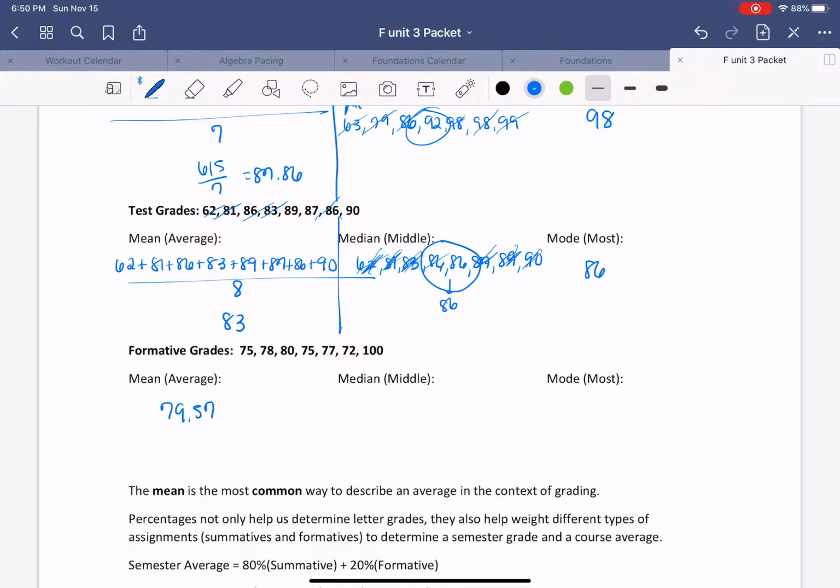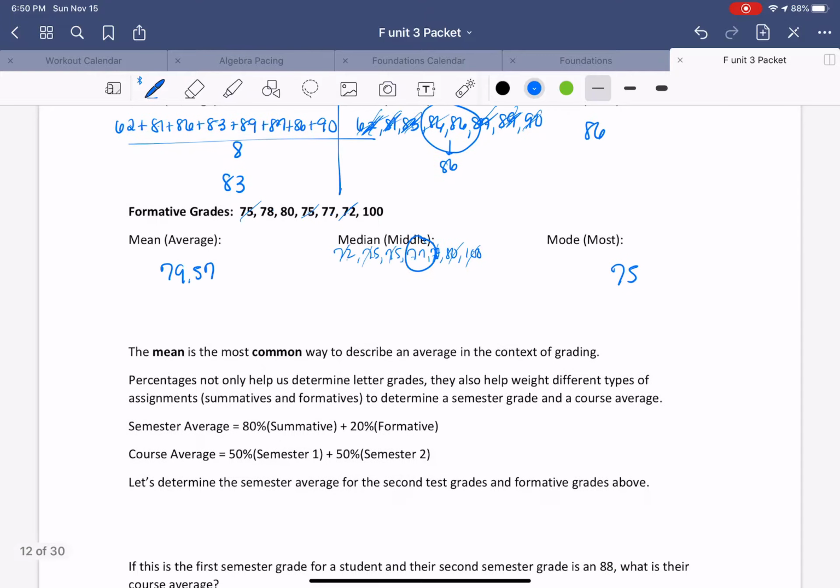The median, let's see, is a 77, and the mode is a 75.